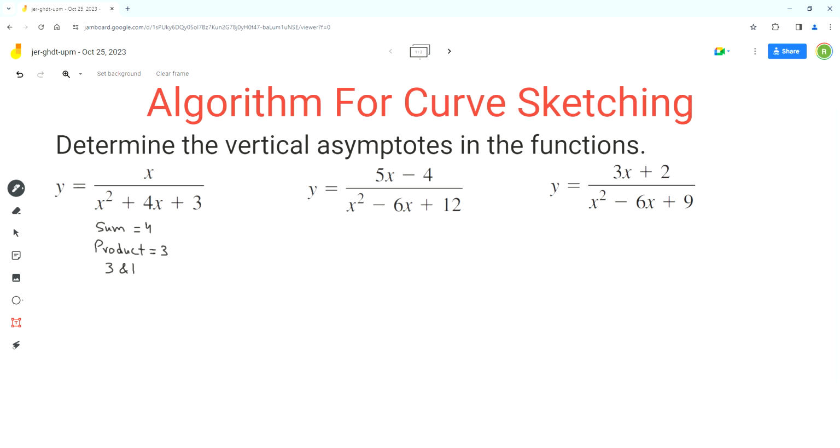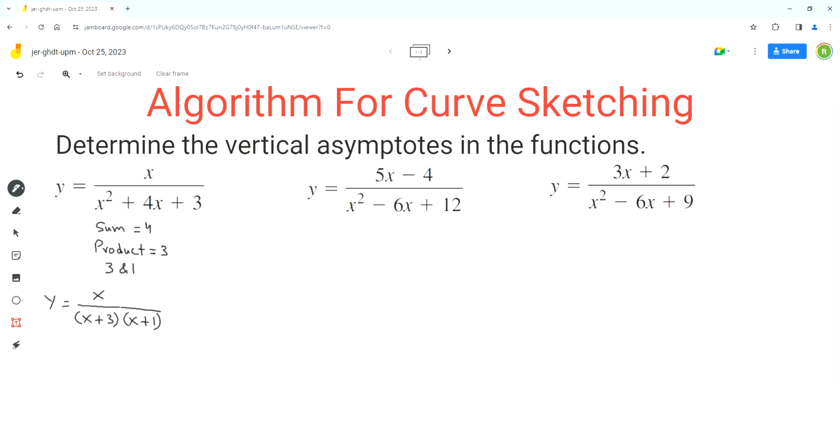So now we can write the factored form of the denominator. So this is the factored form of the denominator trinomial. Now we cannot factor it any further.